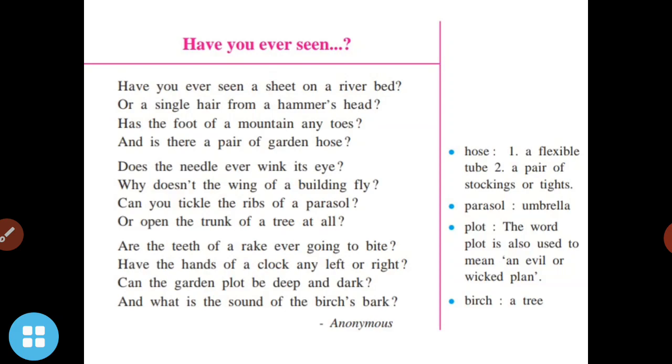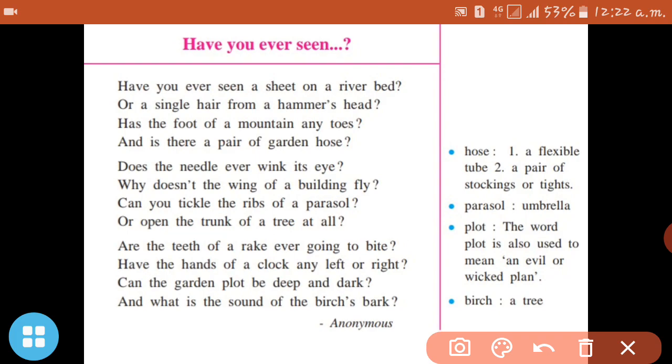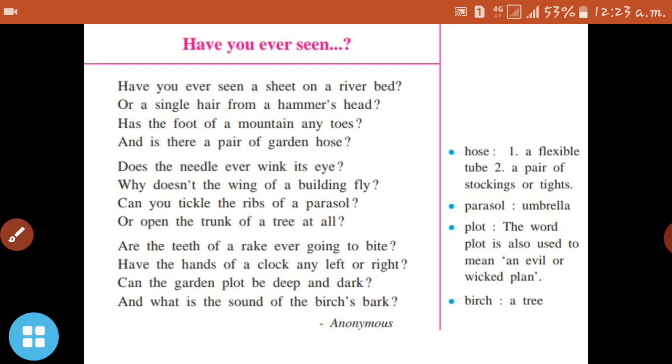And here the writer's name is not written. How can you know that the writer's name is not written? It is written anonymous. Anonymous means the writer's name is not used, means the writer's name is not given.